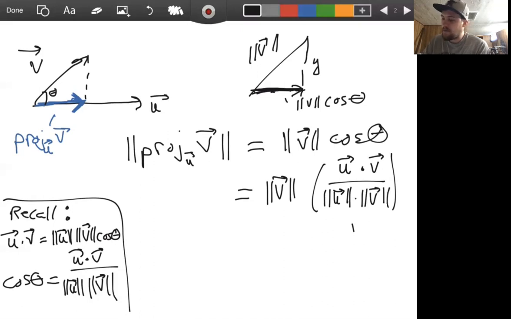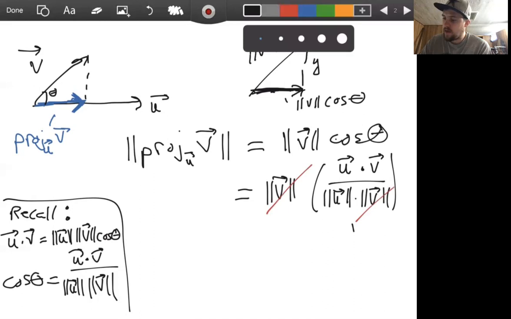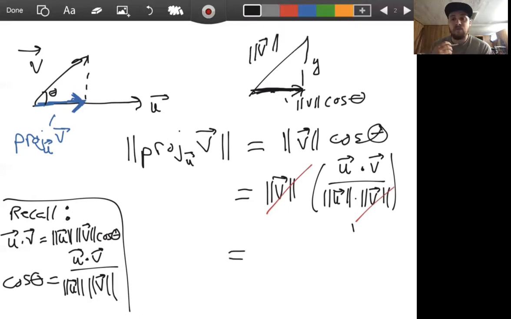Notice the magnitude of v's simplify to 1. So the formula for the magnitude of the projection vector is u dot v over the magnitude of u.